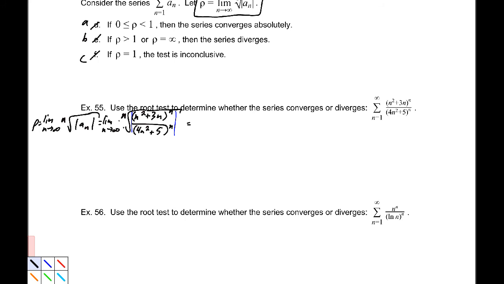So this would be the limit as n goes to infinity of n squared plus 3n over 4n squared plus 5.